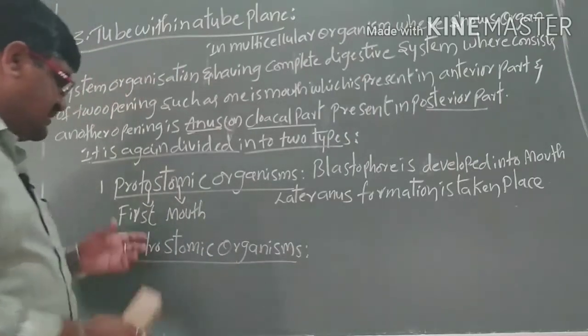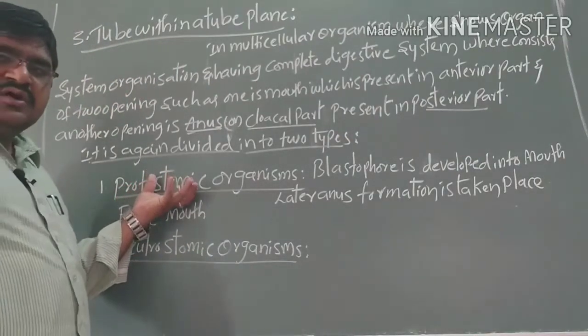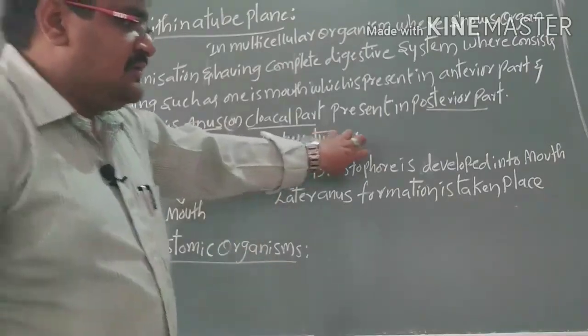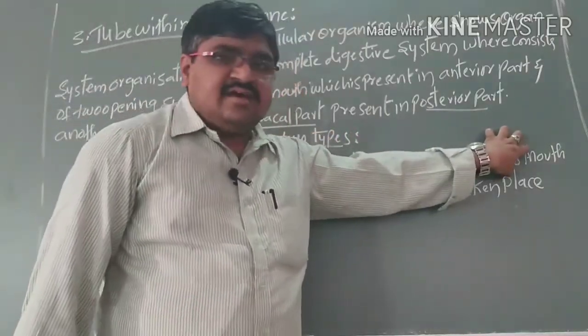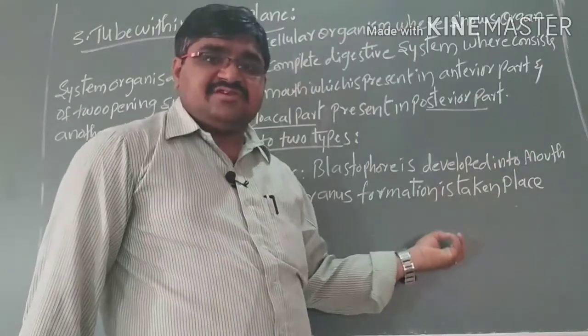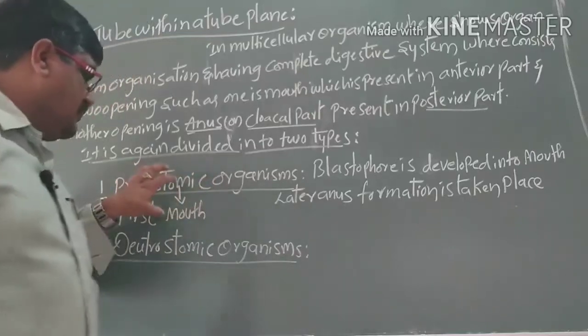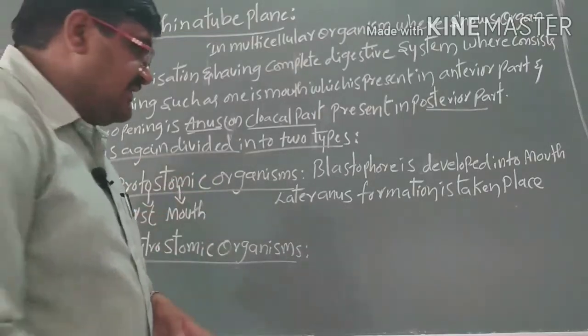Proto means first, and stomic means mouth. Here the mouth is produced first, that is, from the blastopore the mouth development takes place, and later the anus formation takes place. Such organisms are called protostomic organisms.